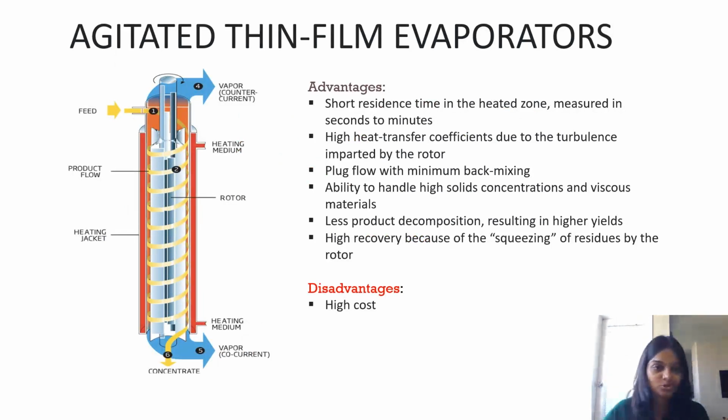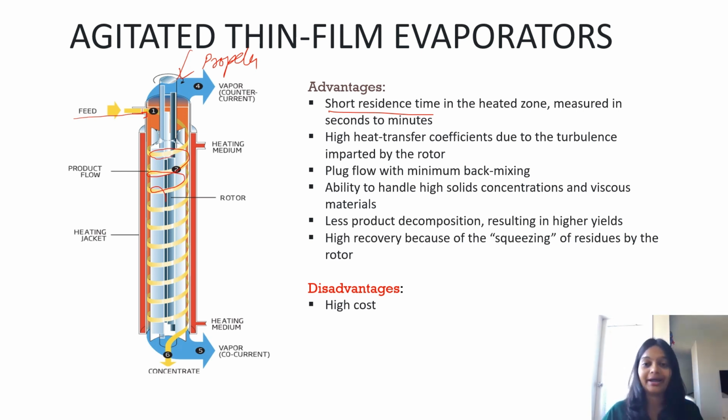Now talking about the agitated thin film evaporator. What happens here is that the feed flows inside, and there is a propeller here. As we can see in the diagram, the liquid flows in this manner, forming a very thin film, and at the same time we have provided mechanical agitation. The major advantage is a very short residence time, only seconds or minutes.